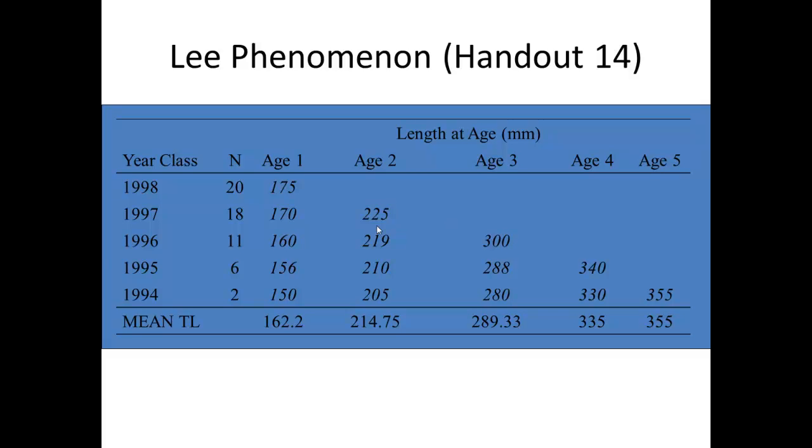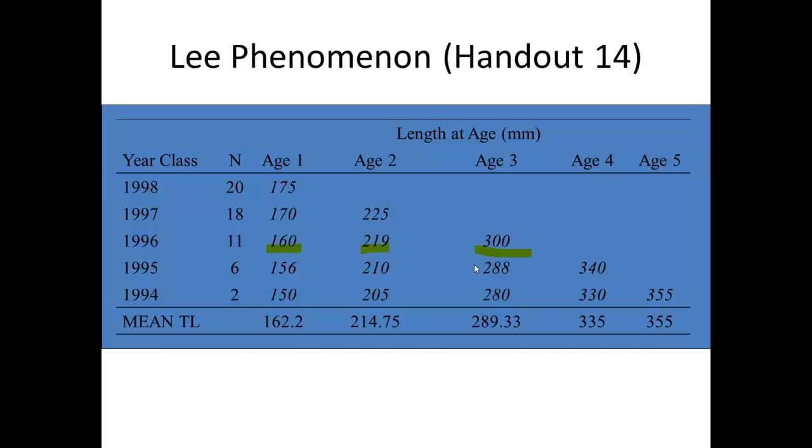And this is an average across all fish. So for example, if we look at the 1996 year class, we caught 11 of them. And on average, these fish were 160 millimeters when they were 1 year old. They were 219 millimeters when they were 2 years old. And when they turned 3 years old, they were, on average, 300 millimeters.